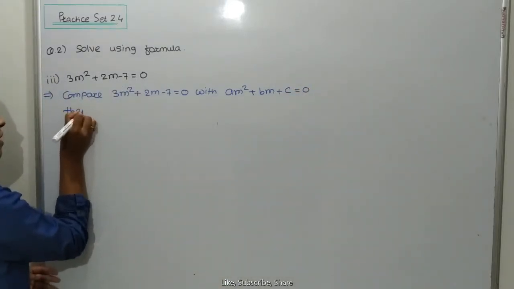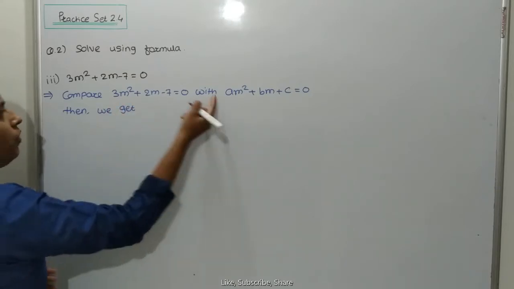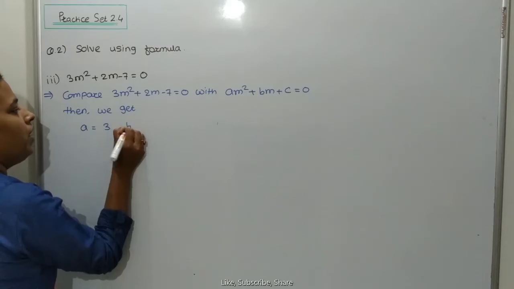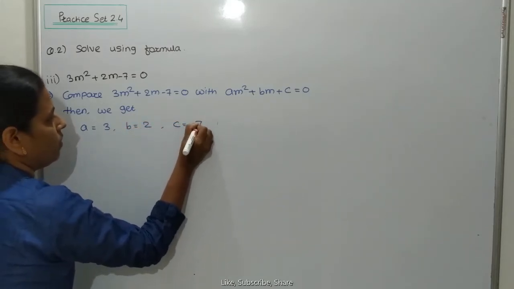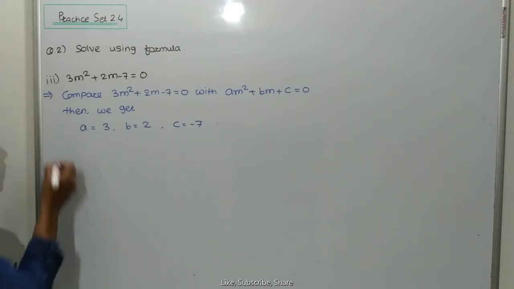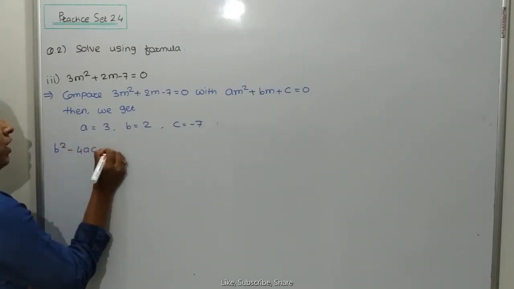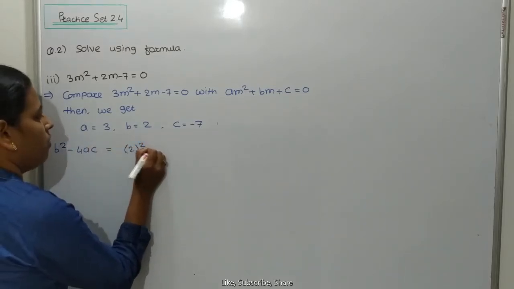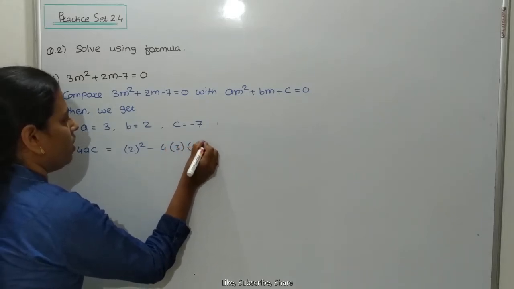Then we get, what we have to get? a is equal to what? 3. b is equal to 2. And c is equal to minus 7. So now calculate b square minus 4ac, put the b value here, that is 2 square minus 4, a value is 3 here, and c value minus 7.